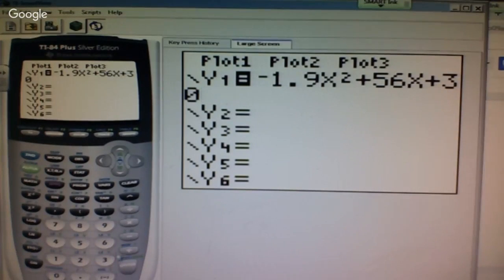Thank you. What do you notice about your answer for part C and the equation I just plugged in? You got 30. Imagine that.